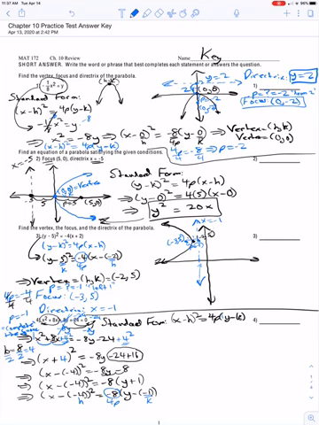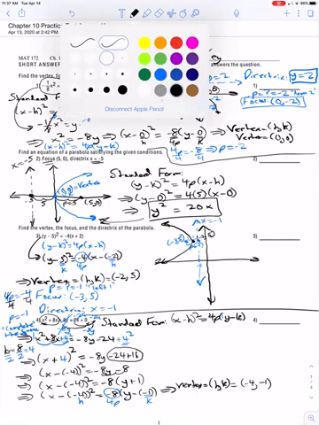Now let's write in the key information, starting with the vertex. The vertex equals the ordered pair h and k, which is -4, -1. So the vertex is at -4, -1.